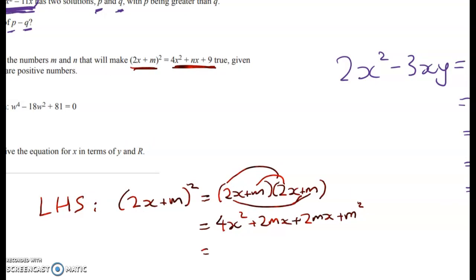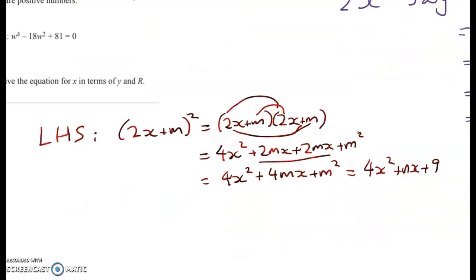Right, and we can collect up our like terms. We get 4x squared plus 4mx plus m squared, and that has to equal 4x squared plus nx plus 9. So if we match these two up, this is what we get.